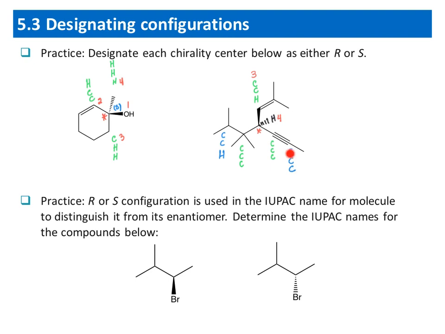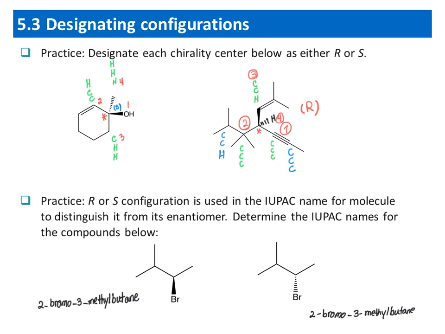Now, between these two, this one has 3 carbons, this has 2 carbons and 1 hydrogen. Therefore, my first priority would be this chain, and second is this one. Now we need to count. So it's 1, 2, 3. I am rotating clockwise, and my lowest priority is backward. So the configuration here is R.